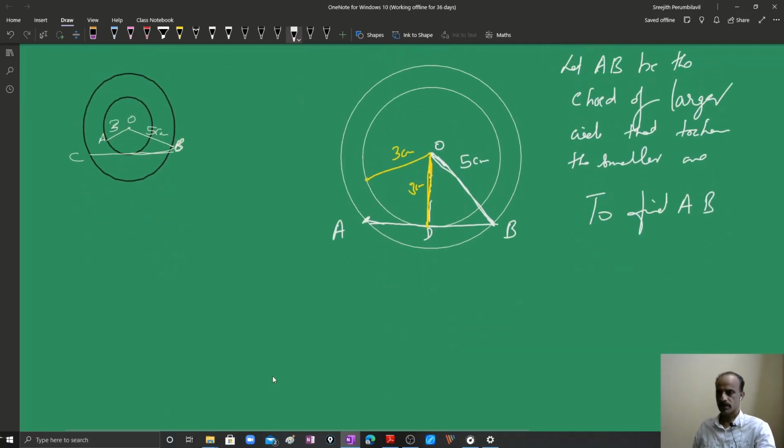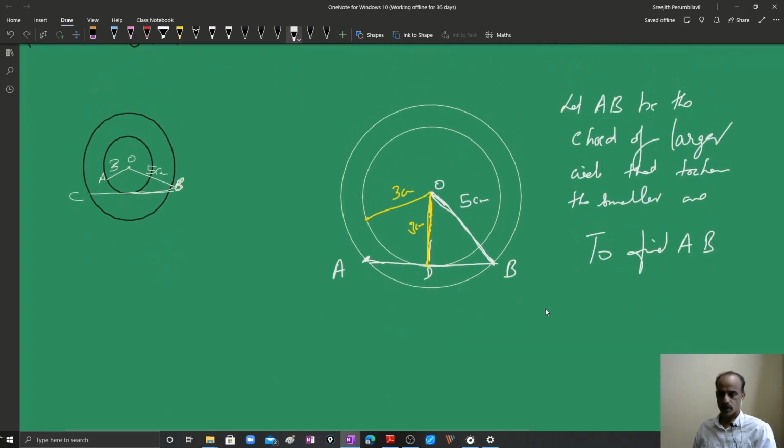Now OD is perpendicular to AB. Reason why? AB is a chord of the larger circle, but as far as the smaller circle is concerned, it goes like this. That means it is a tangent. Tangent is perpendicular to the radius.